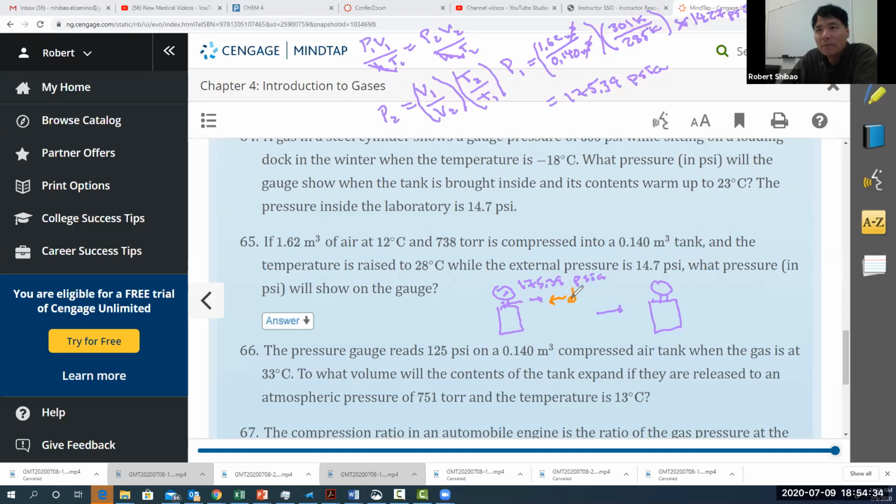This is the atmosphere. Remember, we live at the bottom of an ocean of air, and this ocean of air is going to try to push its way into the tank. But it's not going to be successful because who's going to win? Whoever is stronger. Outside we have 14.7 pounds trying to push its way inside here.